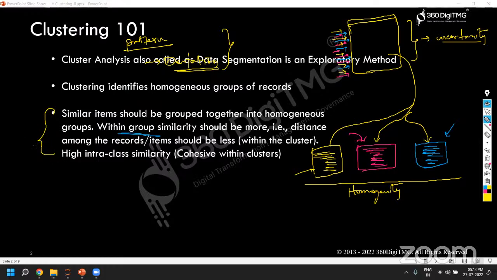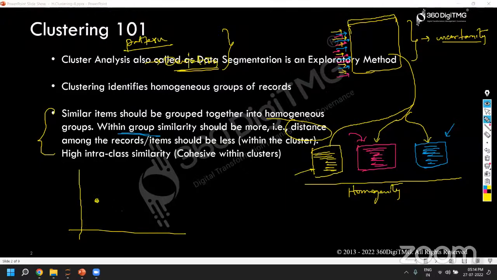And in order to quantify and implement this, we use distance measure. Similarity is a qualitative measure, whereas in order to quantify that similarity, we use distance techniques. Now, whenever we talk about distance, it is a measurable entity.